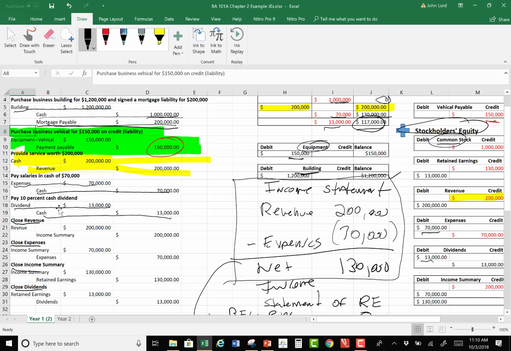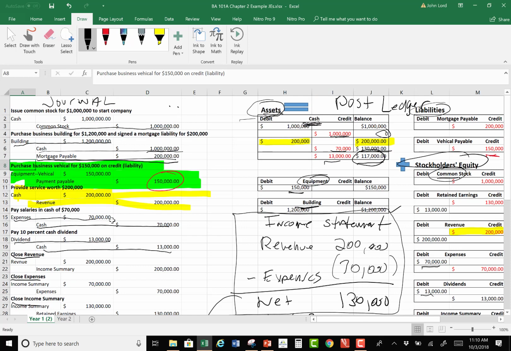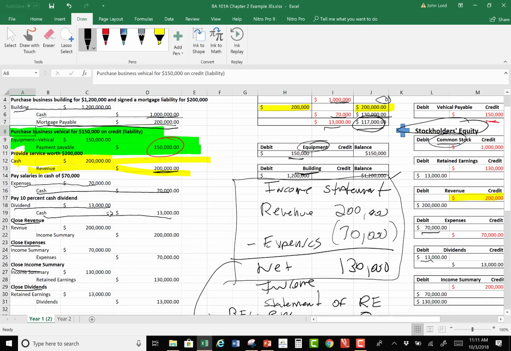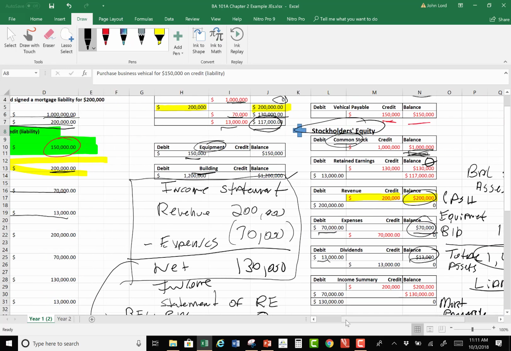When I go through the closing entries now, my revenue I had credited during the year when I did my concert, when I performed my service, whatever, right? I credited it. So if I want to turn it back to 0, I need to what? Debit it. Good. I need to debit it for $200,000, and that will do what? I debit it here, and when I debit it, just peeking over at the revenue account, is revenue 0 now? Is that what I want it to be?